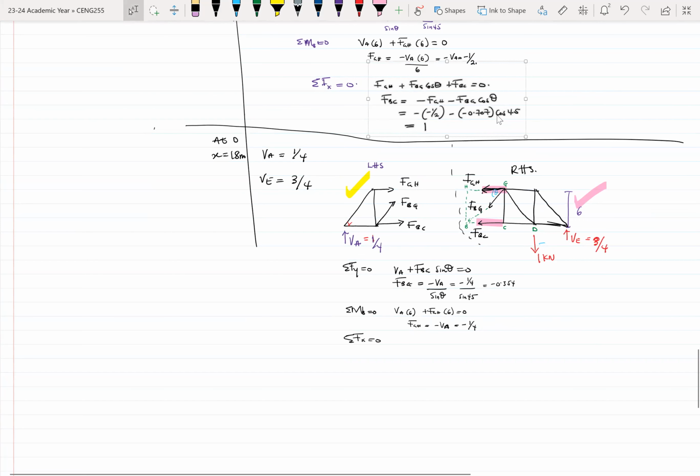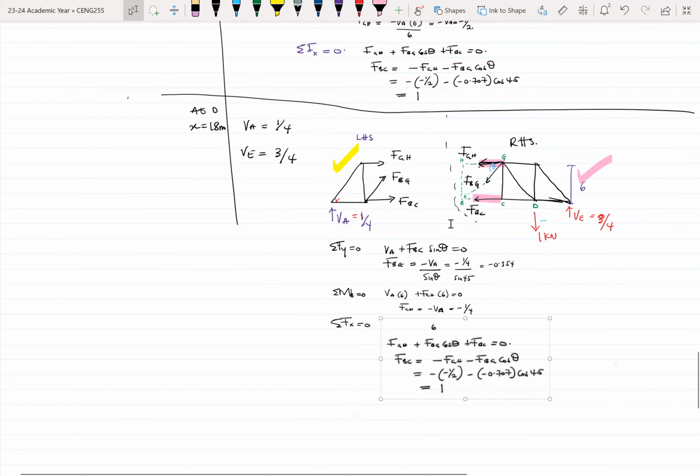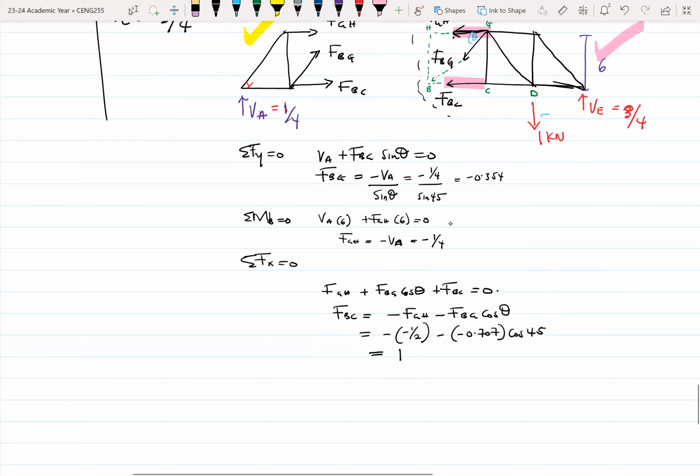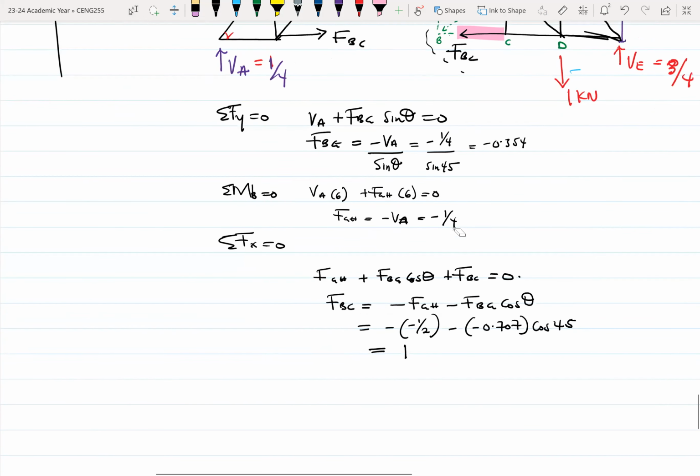Nothing really changes. It's just the same equations being used with different values. So here our FGH is minus 1/4. I'm just changing values, nothing else.